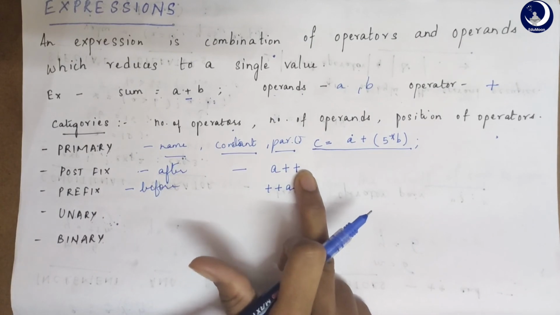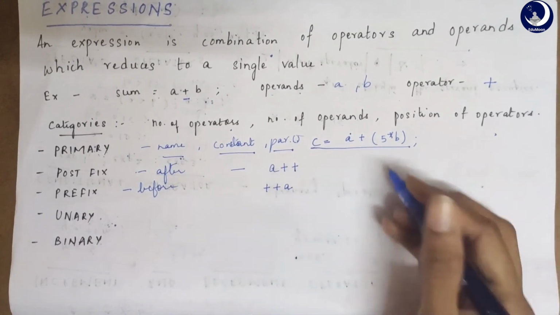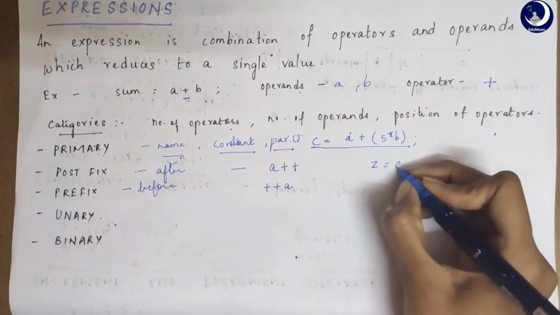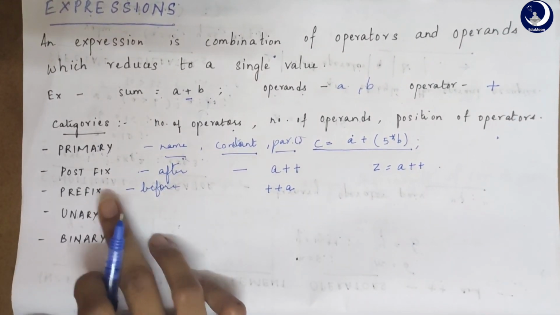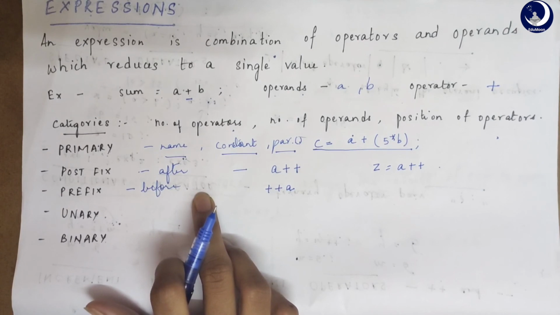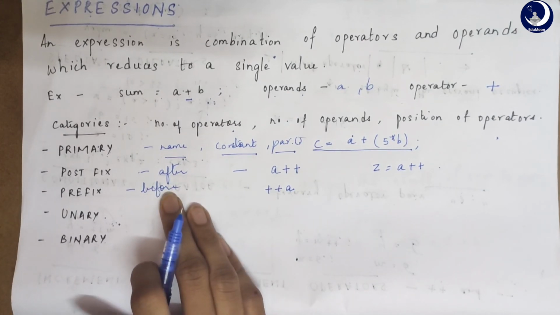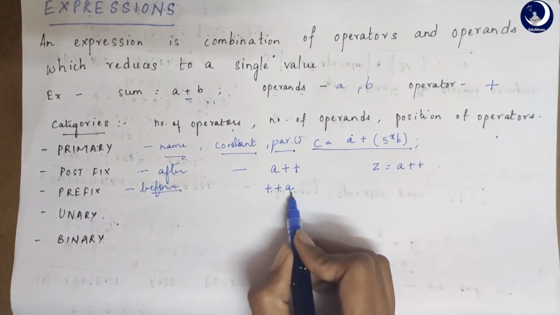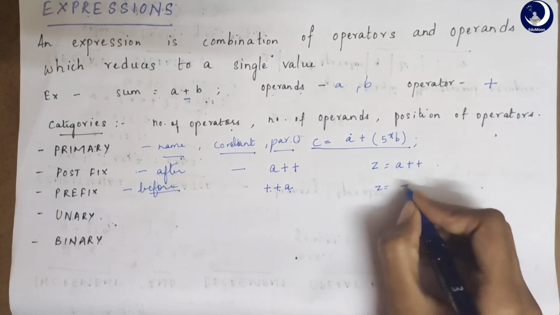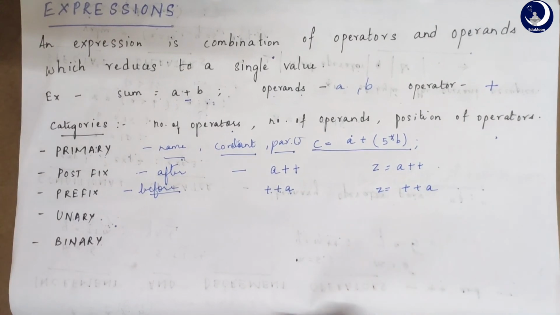So the postfix expression would be Z = A++. And for the prefix, the operator would be before the operand, like ++A. So Z will be equal to ++A.